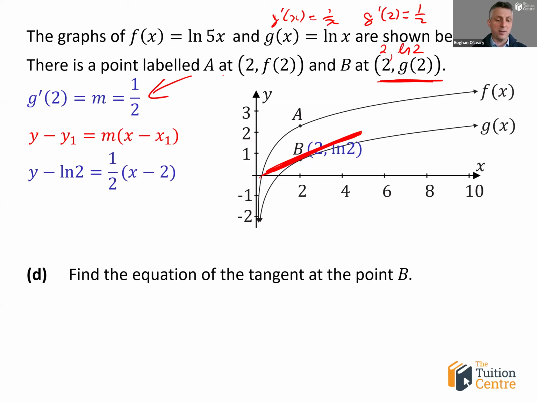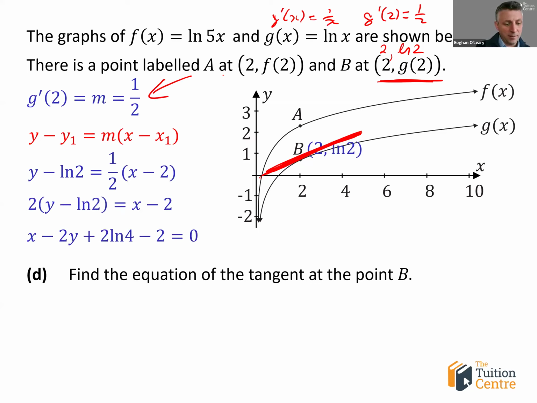And in fairness, that is the equation, but we might as well tidy it up a little bit. And when we do that, we're multiplying everything here by 2 to get rid of that half. I'm going to multiply through the bracket now. So 2 times y would give me 2y. 2 times minus ln of 2 will give me minus 2 times ln of 2.